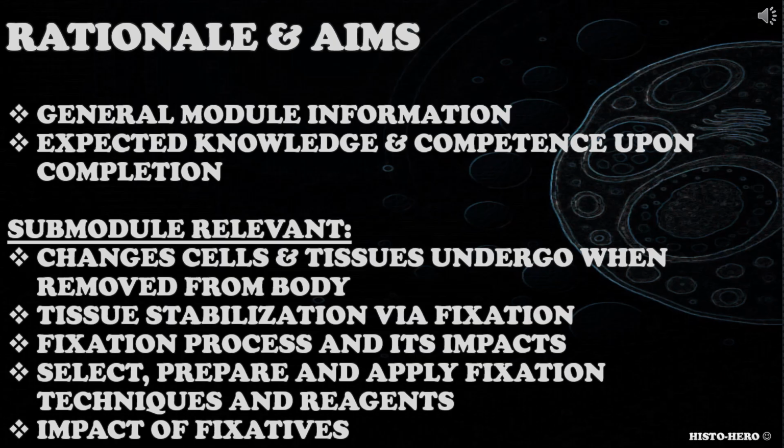Will be able to explain and demonstrate processes employed during tissue fixation and how they can impact subsequent analysis of samples. Will be able to safely select, prepare and apply fixation techniques and reagents to samples received in the laboratory. Will have clear understanding of the impact of fixatives on the tissue, diagnosis, and patient management.